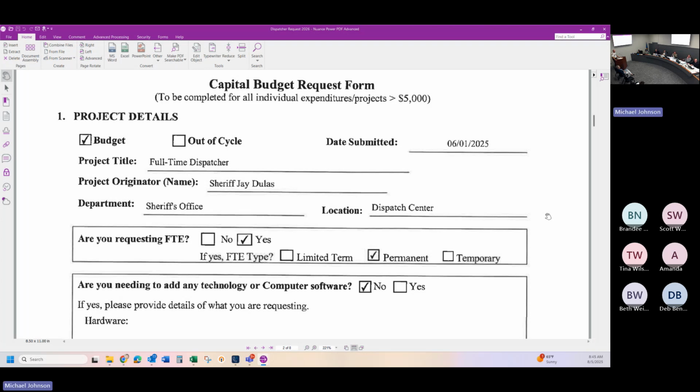The other part, if you look at the sheets that they gave you, your commissioner sheet, second page, second paragraph on the back page, that's a pretty good outline of what happens in dispatch. Let's say we had our wildland fire here two years ago. With the multiple agencies that came in, if you only have one dispatcher handling that, your command staff trying to get that squared away and knowing where everybody is.